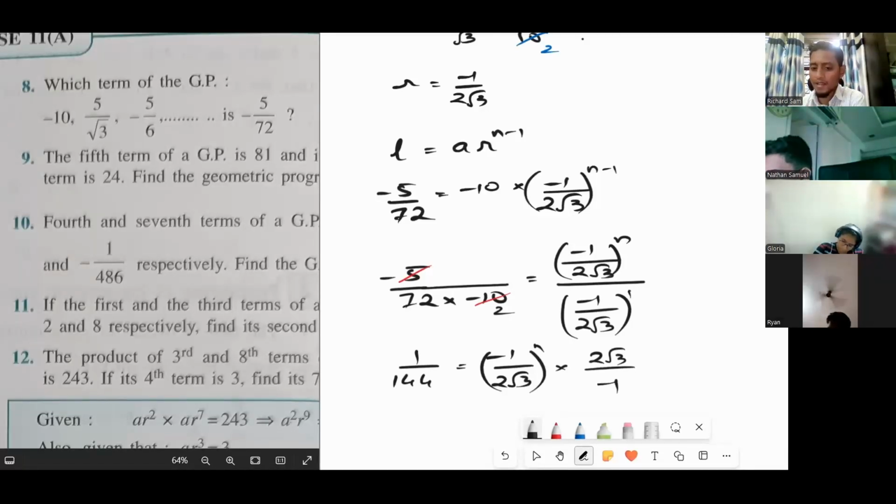Yes? Okay, now can we cut? See, it was raised to 1 luckily, so you don't have to write the raised to 1. We just converted the division to multiplication, so we reciprocal this side. Okay, what's next?